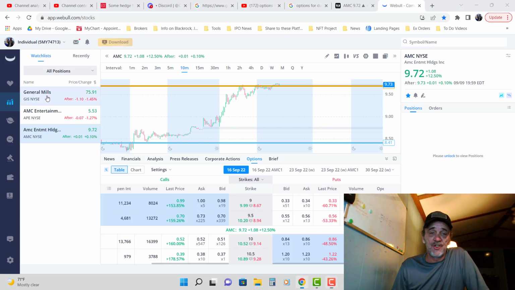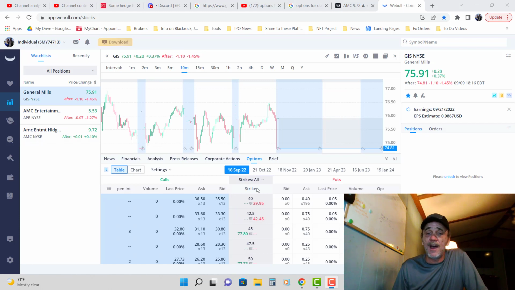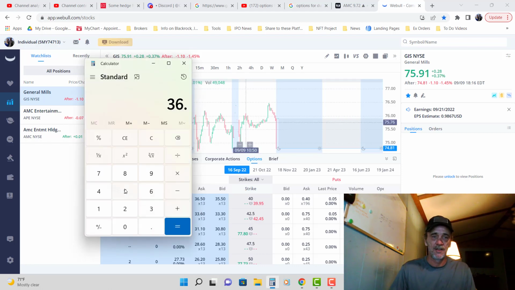If we look at General Mills, for example, we can see that a $40 strike price for General Mills, which is in the money by $35, is going to cost you $36.50. That's $36.50 times 100 shares that are in the contract.